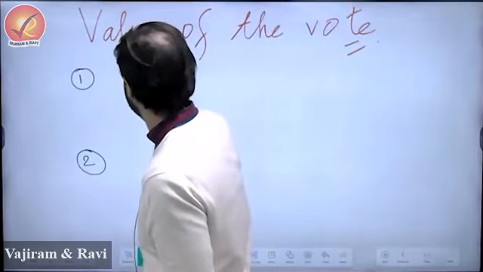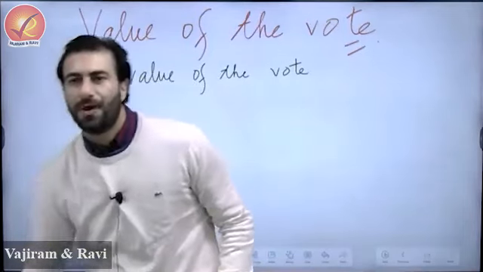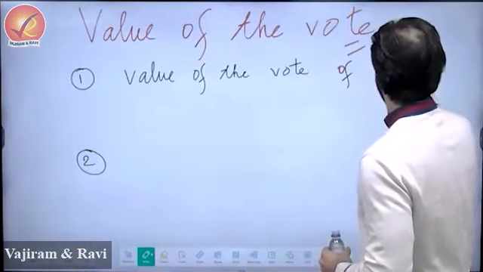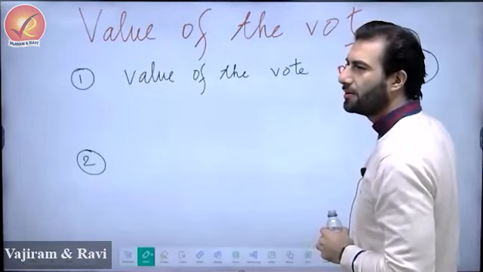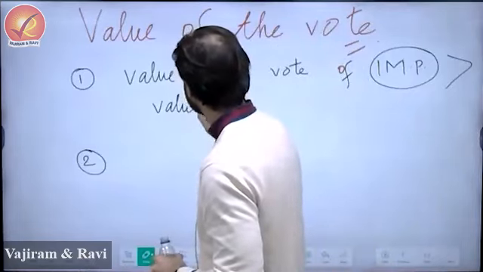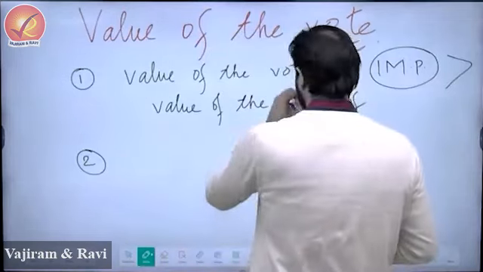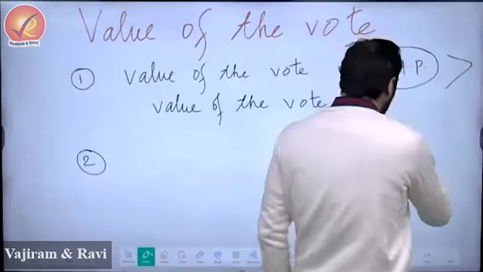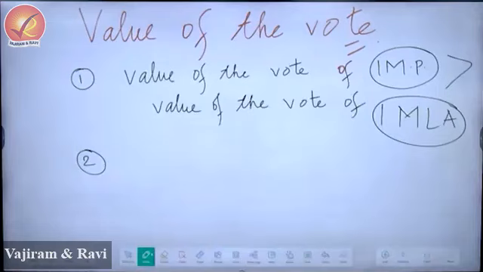Number one, the value of the vote of one MP is more, less or equal, is more than the value of the vote of one MLA (in bracket, from any state or UT).